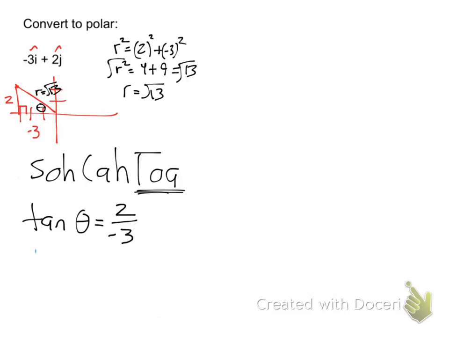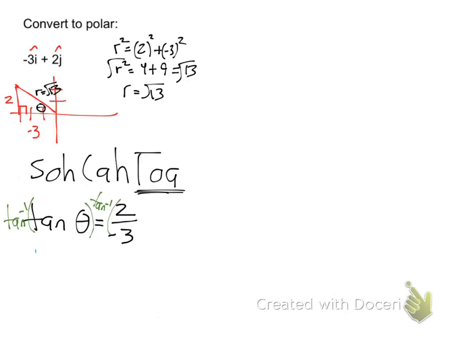No, wait a minute. To solve for theta, I have to do what? Take the inverse tangent of both sides. I saw too much of this inverse tangent, cosine, and sine at the end. Never put it at the end. Put it in front.